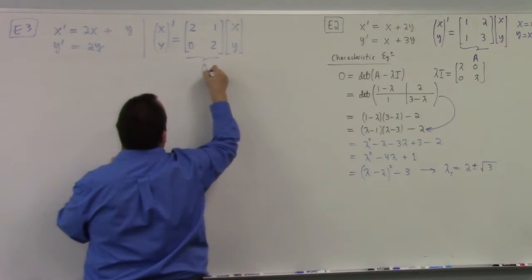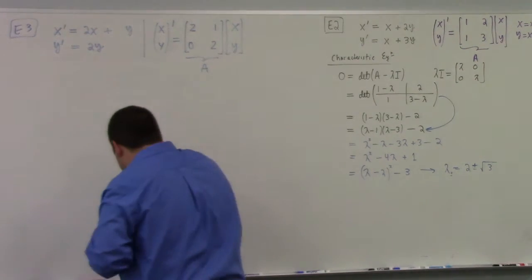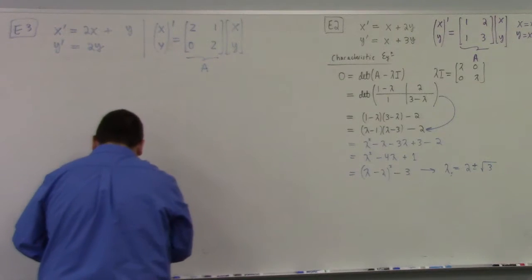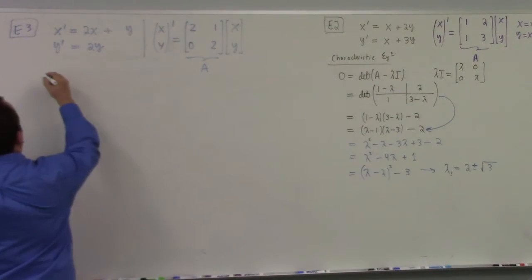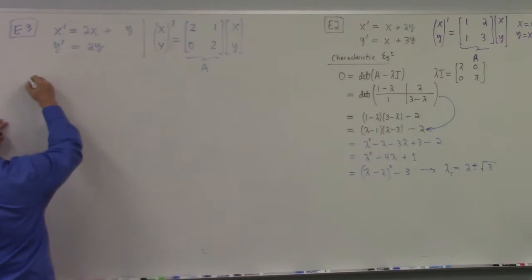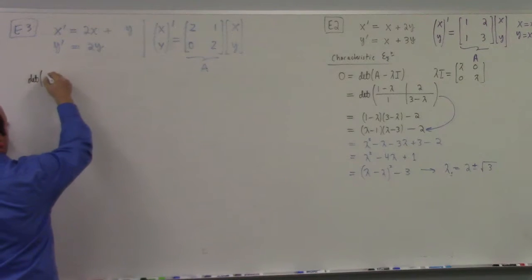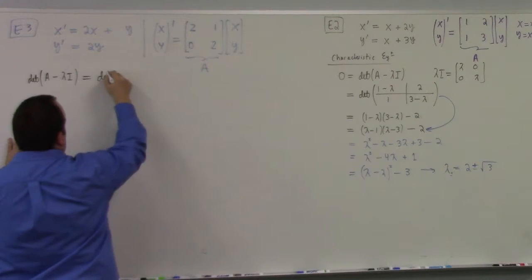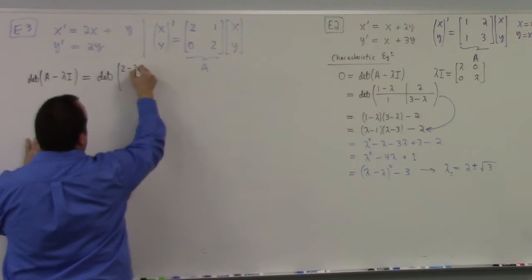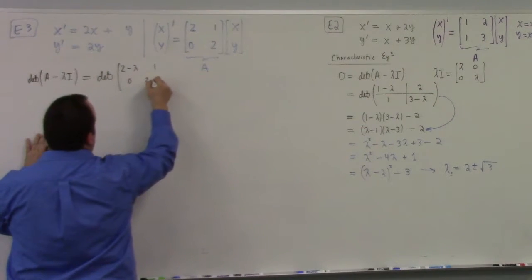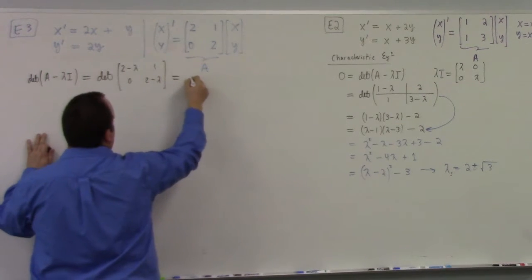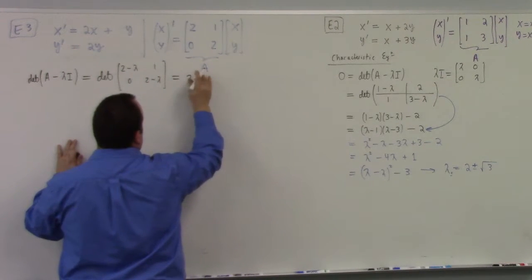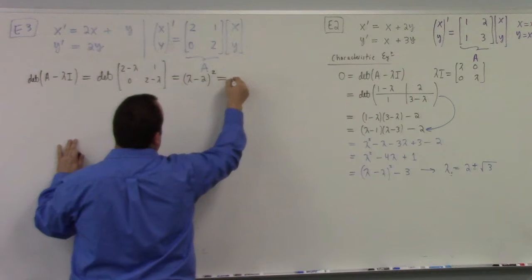Here's my A. Okay, so let's find the eigenvalues. The determinant of A minus lambda I is the determinant of 2 minus lambda, 1, 0, 2 minus lambda, also known as lambda minus 2 quantity squared equal to 0.